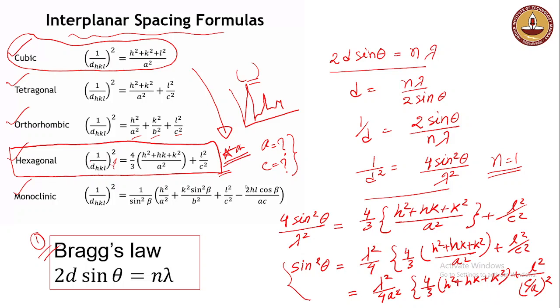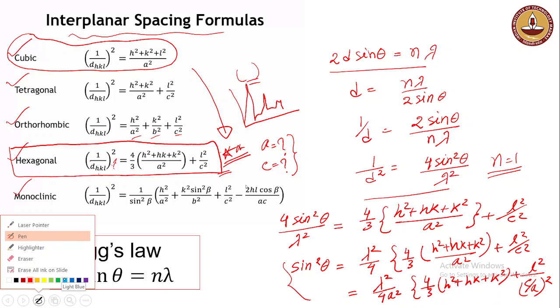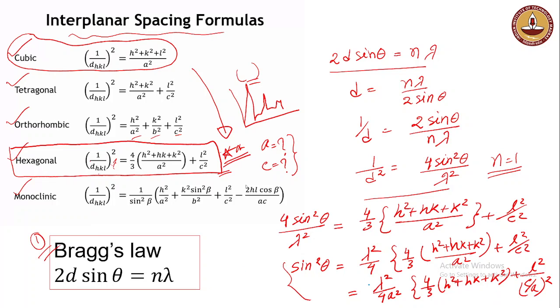If you carefully observe here, the lambda square value is actually a constant for a particular material. 4 is constant itself. Similarly, a value is also a constant, because when we are talking about a particular material, the lattice parameters or the lattice constants values are actually constant for that particular material.